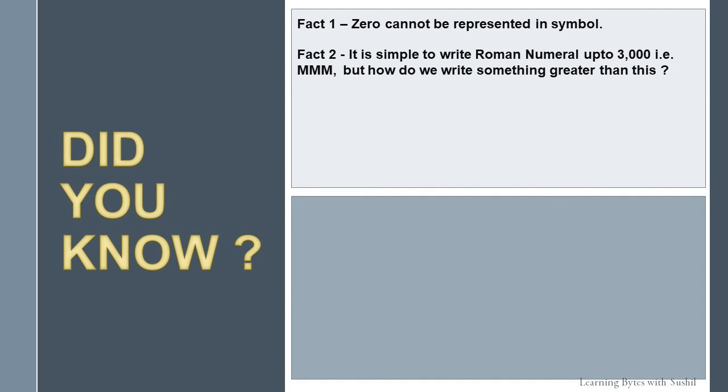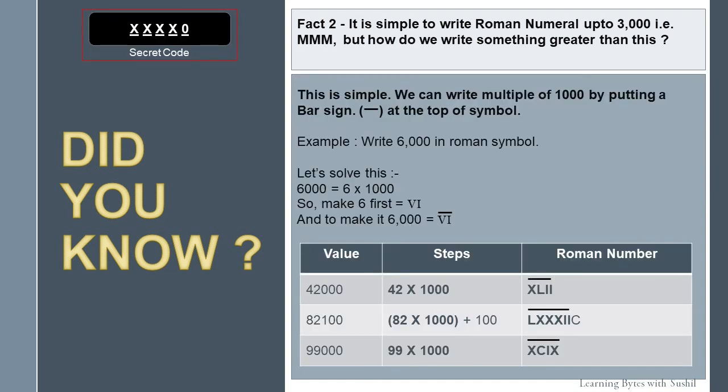We can write multiples of thousands by putting a bar sign at the top of the symbol. If you see the example of 6000, make 6 first. It is V and I. And how do you make 6000? Put a bar over V and I. Similarly, 3 more examples below. For 42,000 we have done 42 into 1000. So make 42 and then put a bar sign.